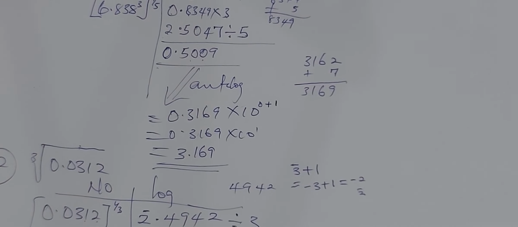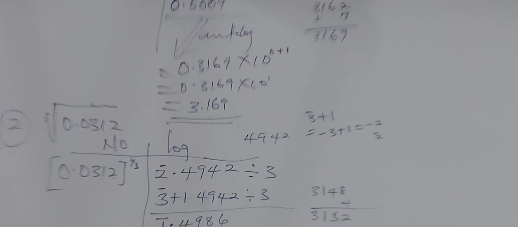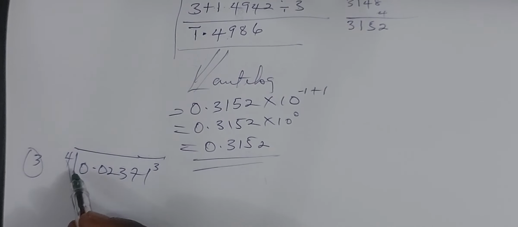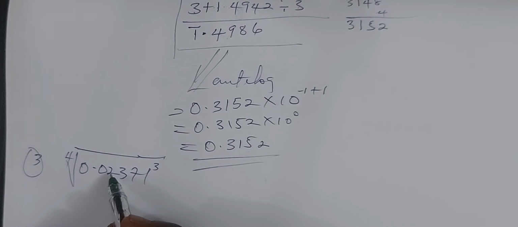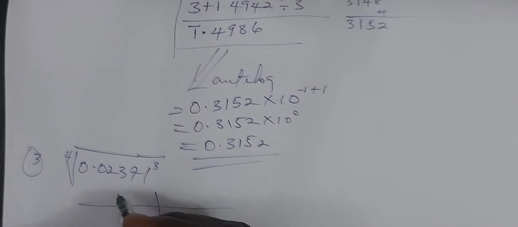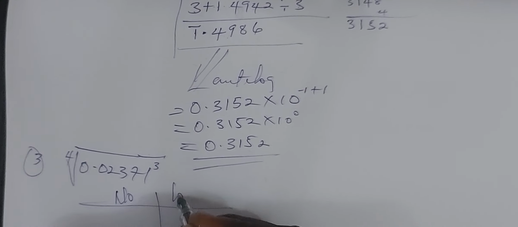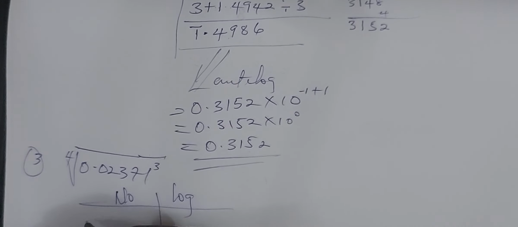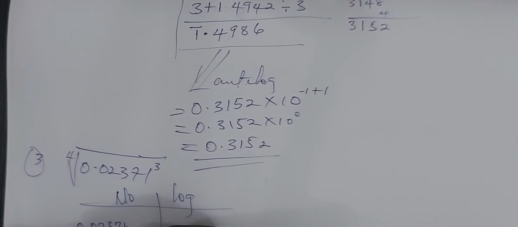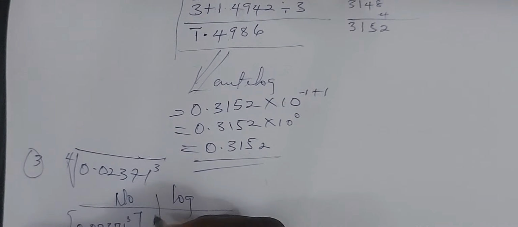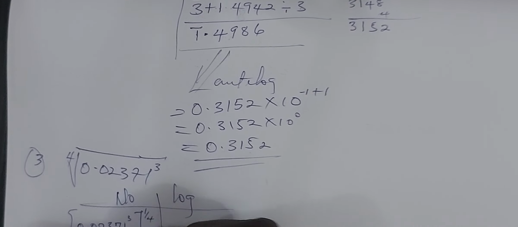Let's see how this goes. This is the question: the fourth root of 0.02371. We have our usual way, number and logarithm. So let's write this: 0.02371 raised to the power of 3, or raised to the power of 1 over 4.